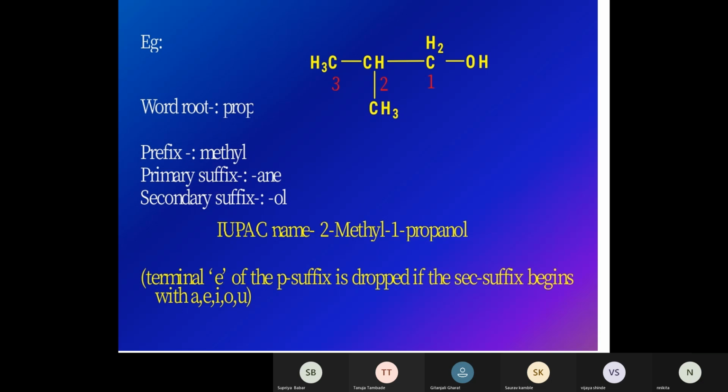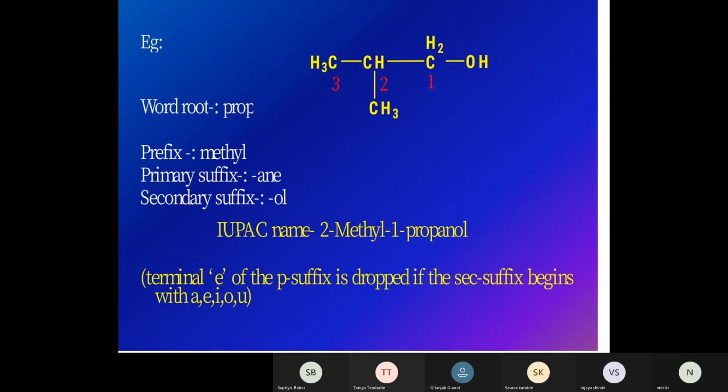So we write the name as propanol. For propane we use the primary suffix ANE because there are 3 carbon atoms. The molecule is a propane, but the functional group is present, so we have to indicate that also.